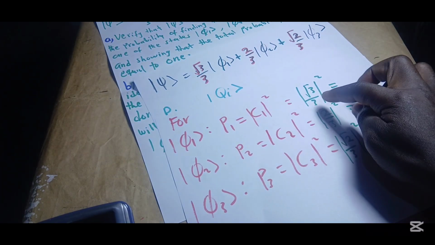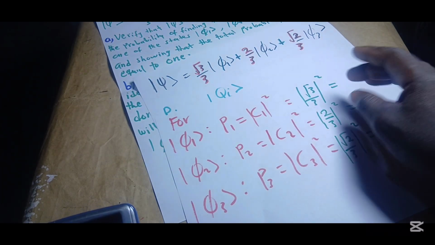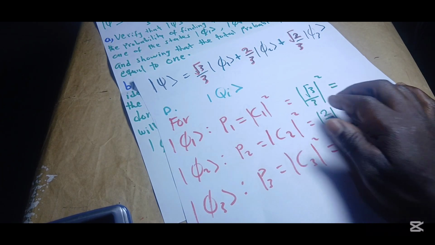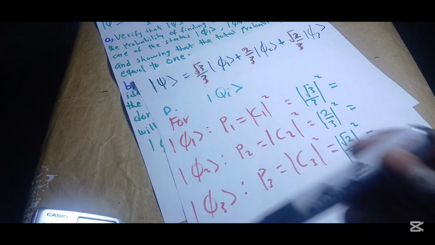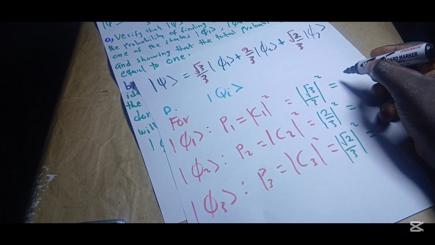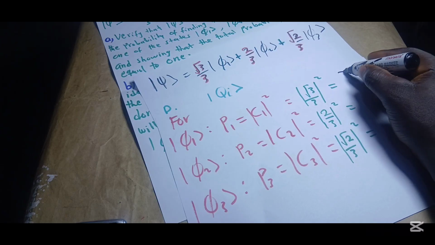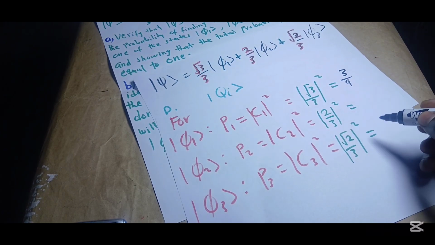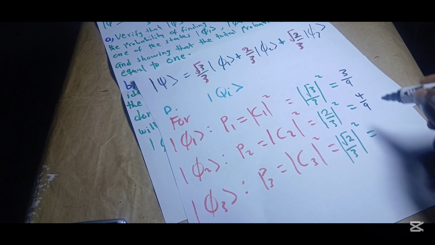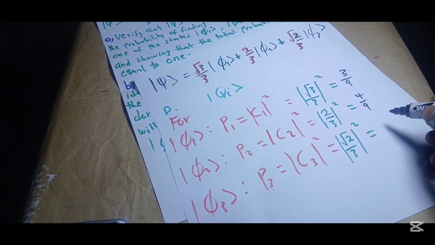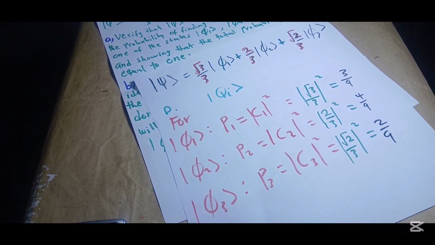So the absolute sign is telling you to just square whatever is here, and whether the answer is negative, you are going to take the positive part. You are going to take it to be positive. So doing so, this one is going to give us 3 on 9. And this is going to give us 4 on 9. And this is going to give us 2 on 9.